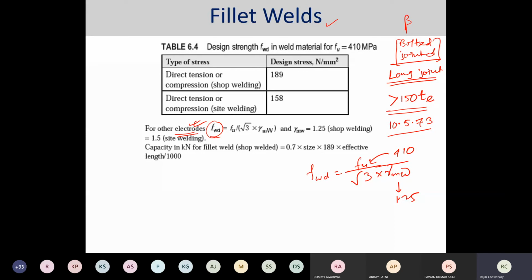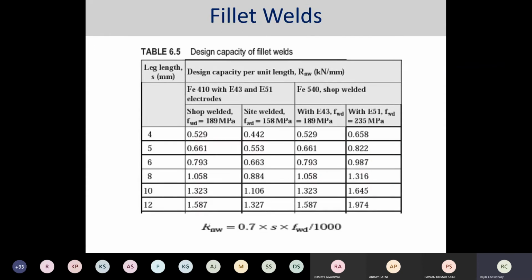After this, you can find the total capacity of the fillet weld, whether it is a shop weld or a site weld. These ready-made tables are provided here, and you can easily find it by doing simple calculations. Similarly, once the design strength is found, the design capacity is to be calculated per unit length of the welded joint.